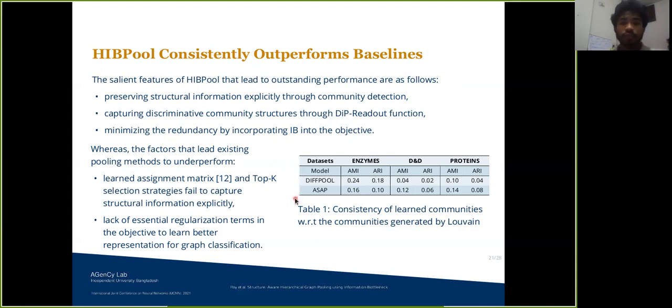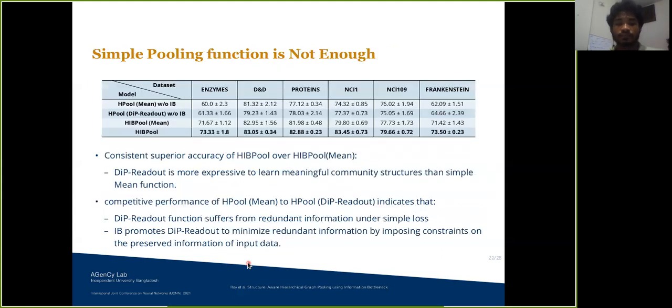On the other hand, the factors that lead existing pooling methods to underperform are that learned assignment matrices or top-k selection strategies fail to capture structural information, and we can see in this table that DiffPool and SAGPool cannot capture the community structure. And besides, the lack of essential regularization in the objective to learn better representation for graph classification is also another reason for poor performance of existing pooling methods.